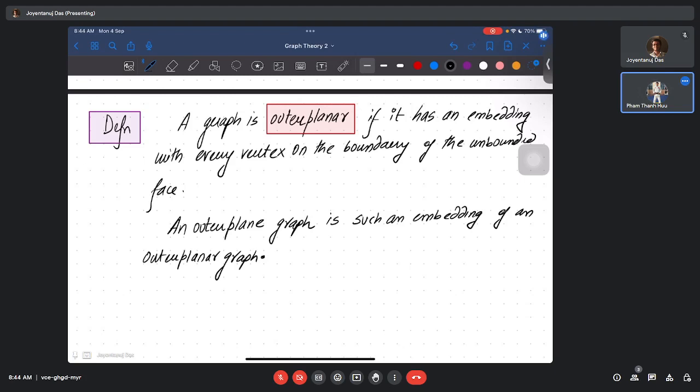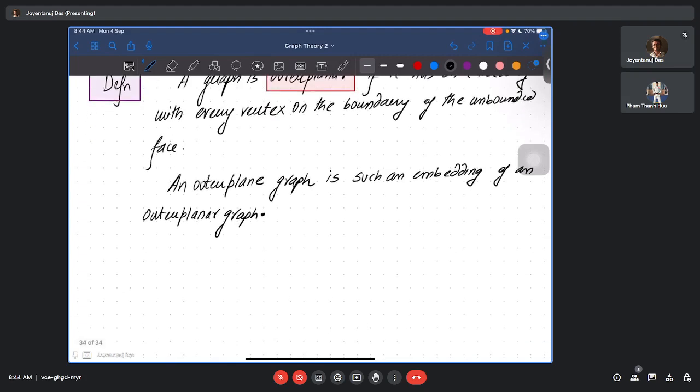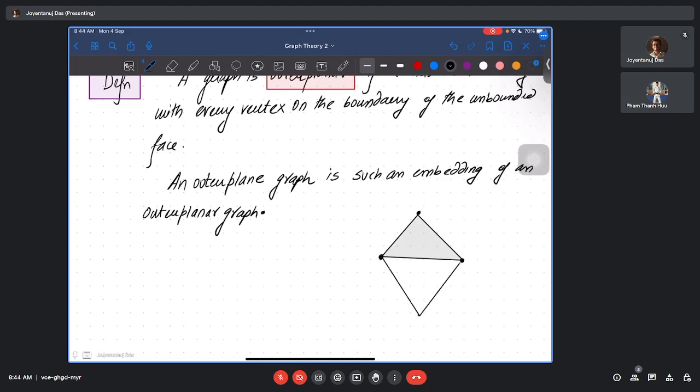Let me show you an example. If I see this graph, you can see that this is a planar graph.